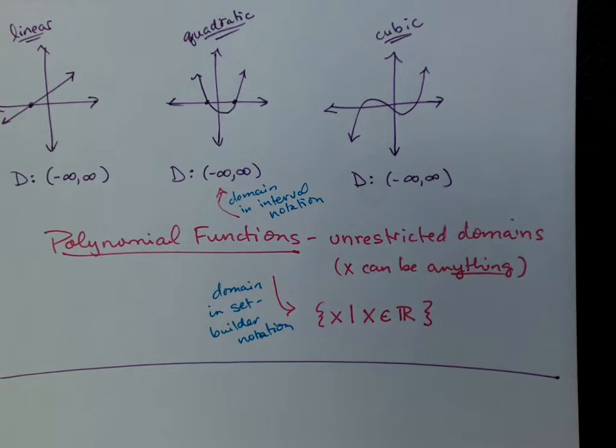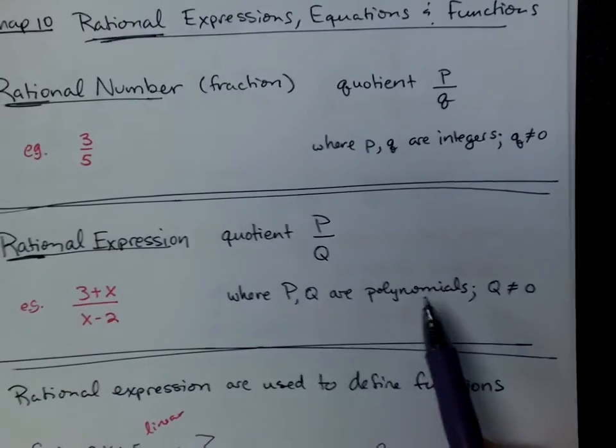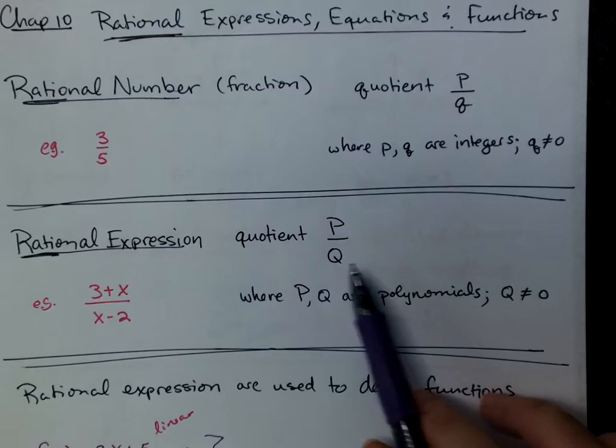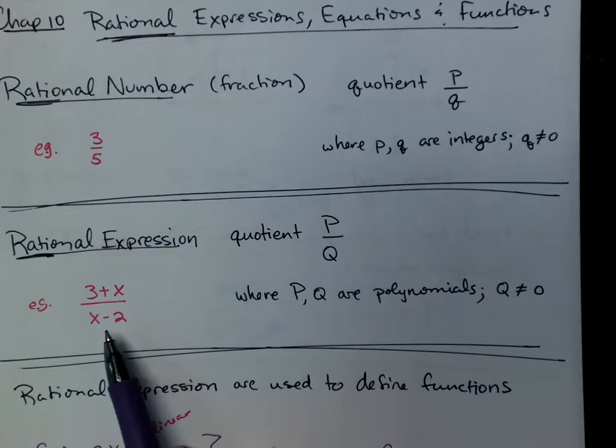We okay with that? Now we get into rational functions, and we already know there may be a problem here, because we already know there's something that can't be good, right? For example, in this one, what can x not be? So x is restricted.